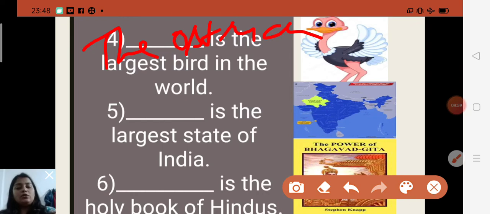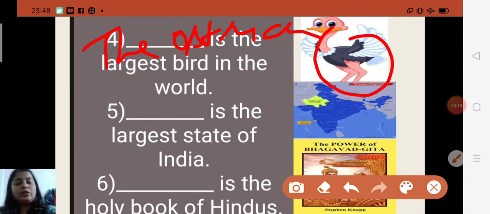It is also a type of flightless bird. They are not able to fly in the sky, and also it has three stomachs. So this is the picture of an ostrich.